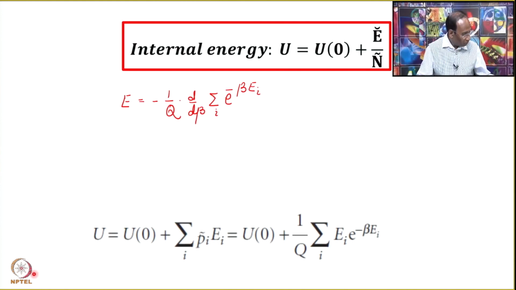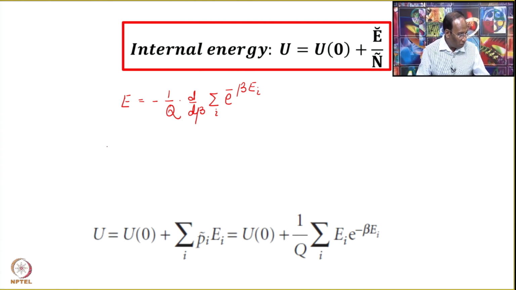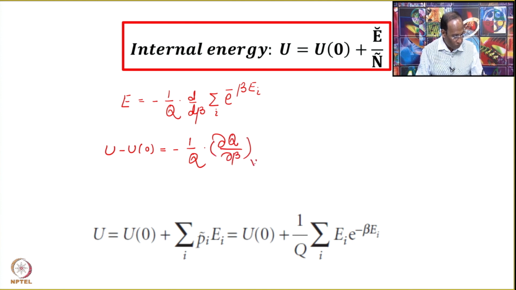So therefore, what we have, E is nothing but U minus U0 is equal to minus 1 by Q into del Q del beta at constant volume. We have got this from this expression.